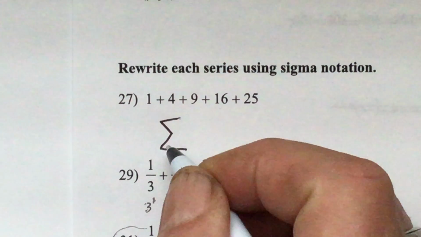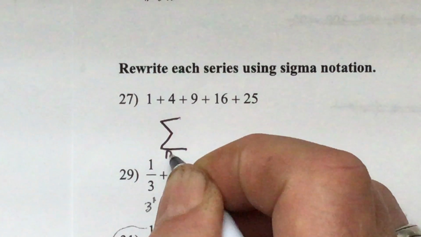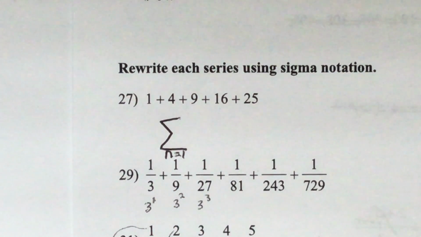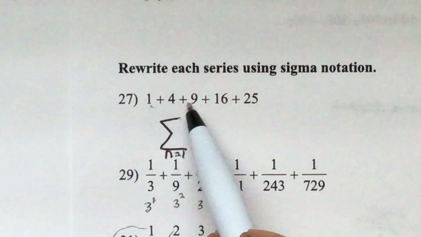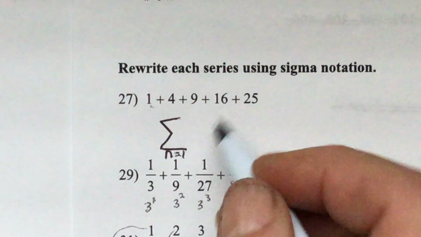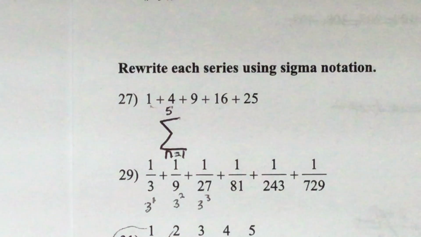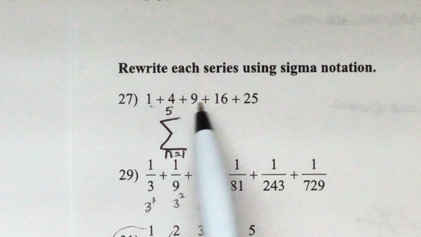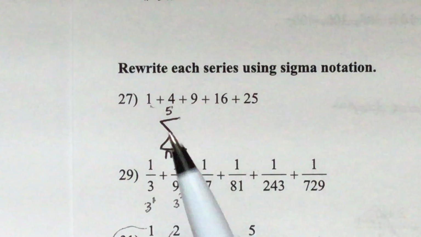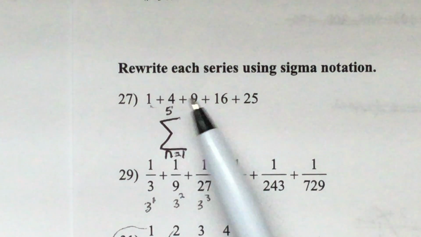Let's see here. Okay, we're going to start with element 1, n equals 1. 1, 2, 3, 4, 5. And we're going to go all the way to 5. Now, what is the function that produced these? What do you notice when you look at each one of these?